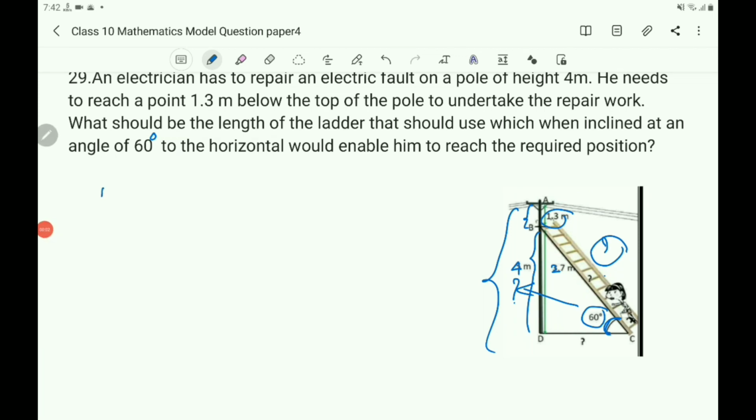So write, in right angle triangle BDC, angle C equals 60 degree. Then you consider here BD is the opposite side and BC is the hypotenuse. So you can use the ratio having the opposite side and hypotenuse, that is sine theta. So sine theta equals opposite side by hypotenuse.